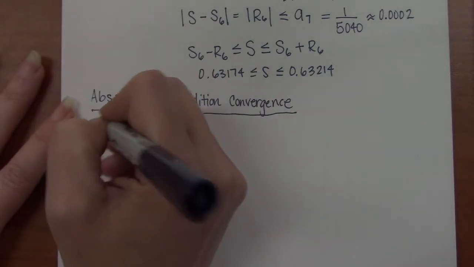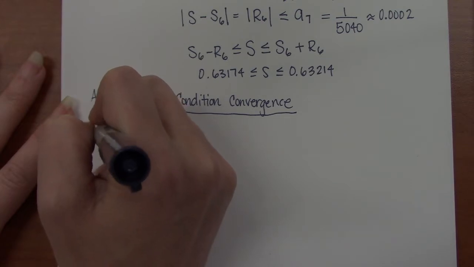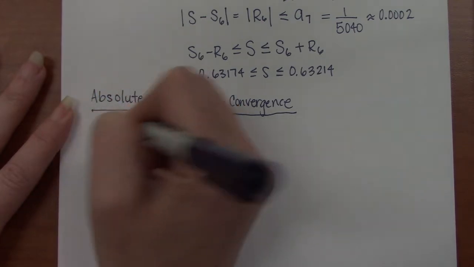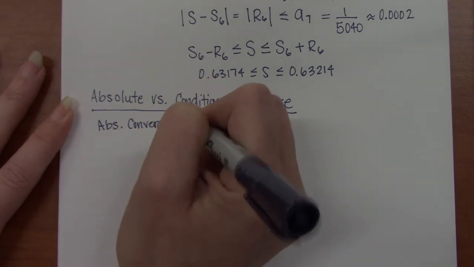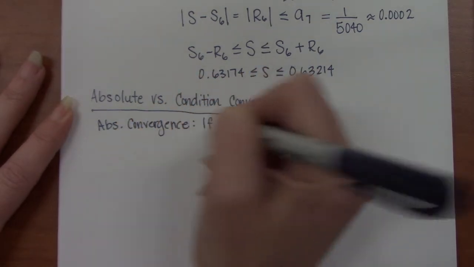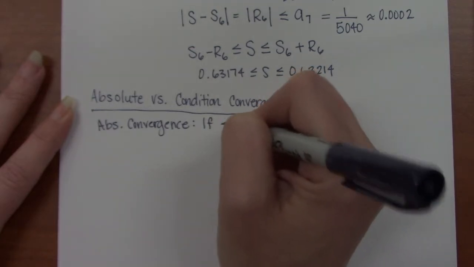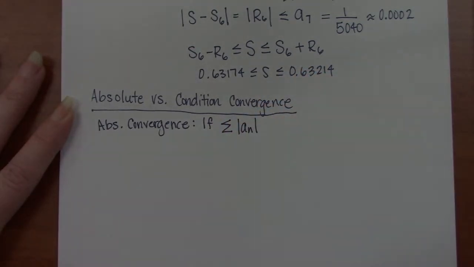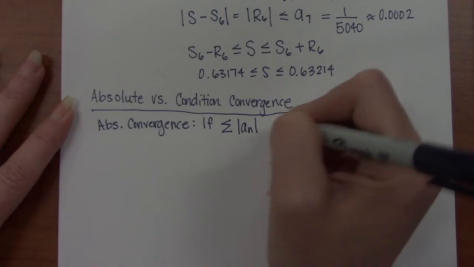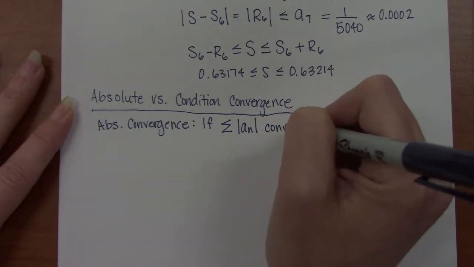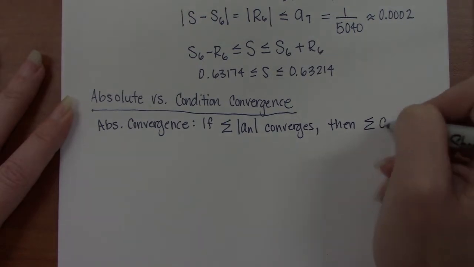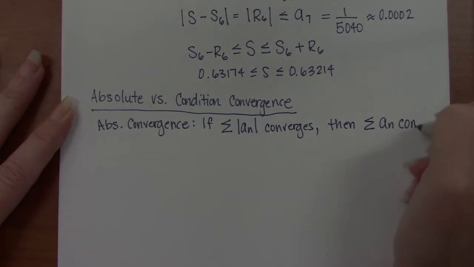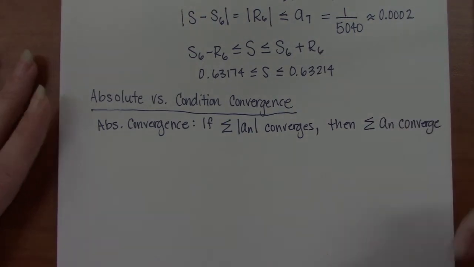So this theorem says, the definition of absolute convergence says if the series of the absolute value of a sub n converges, then the original series must converge as well.